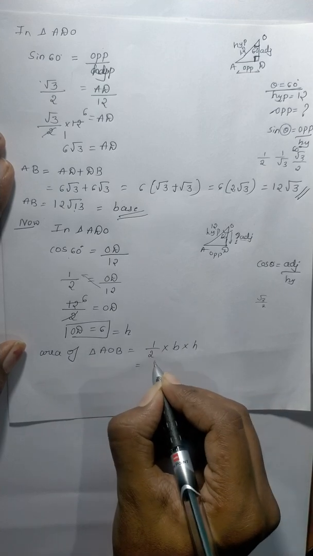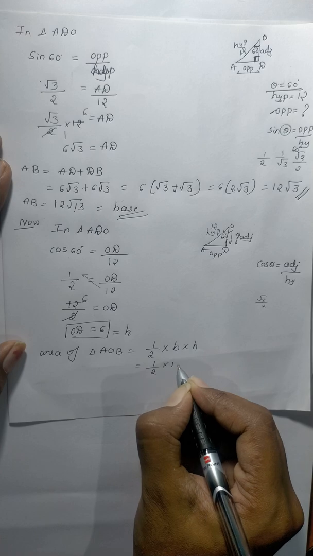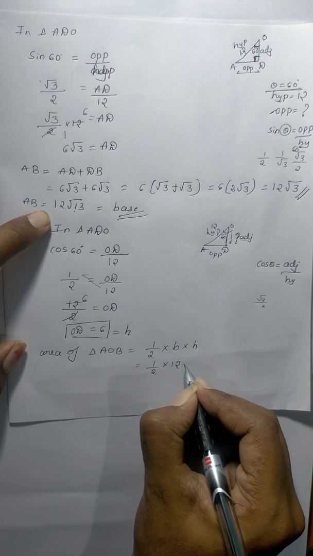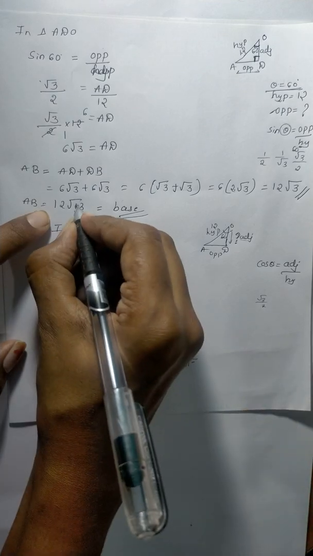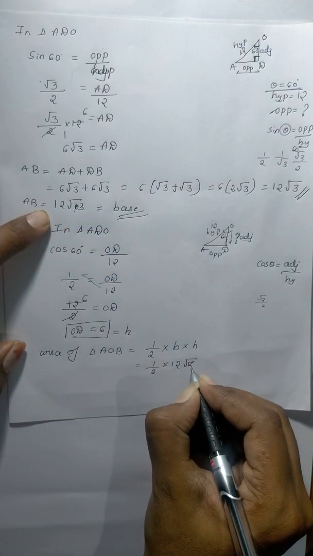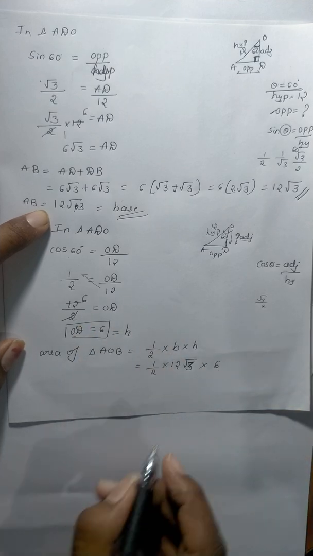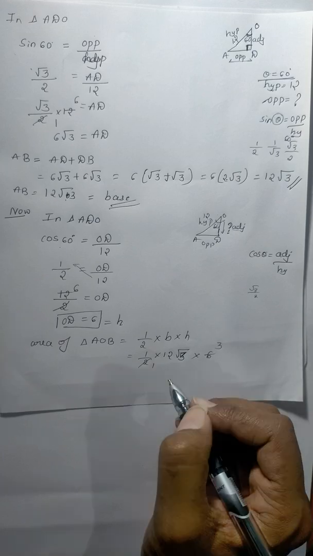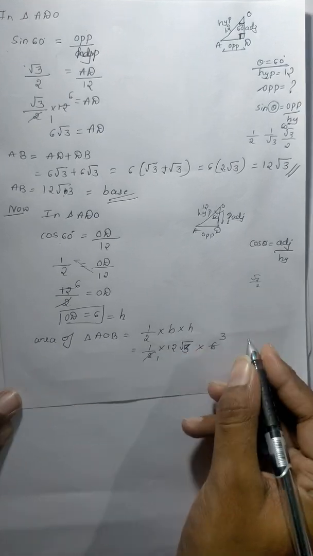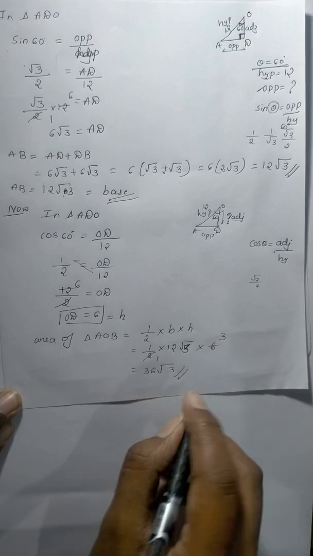So half into base, which we have calculated as 12 root 3, into height, which is 6. So 2 ones are 2, 2 sixes are 12, 3 sixes are 36 root 3.